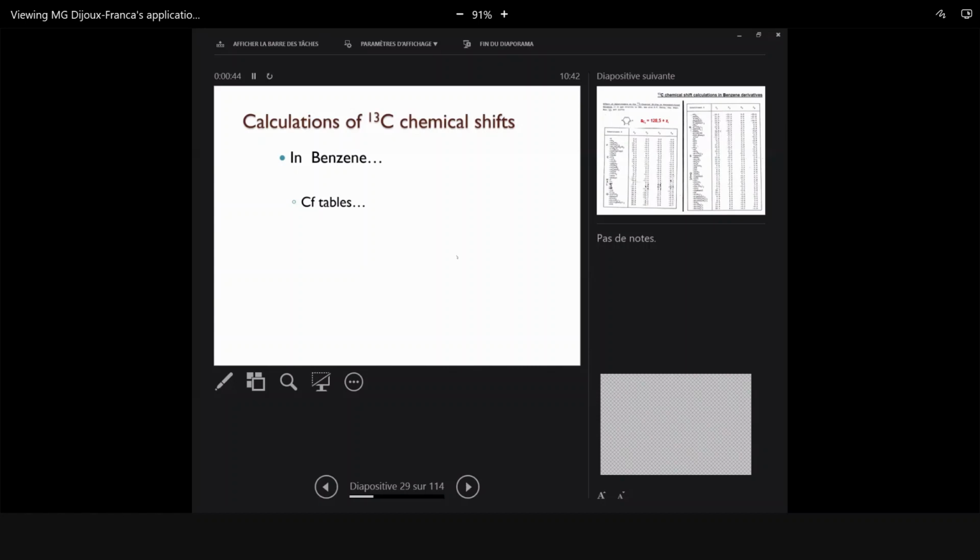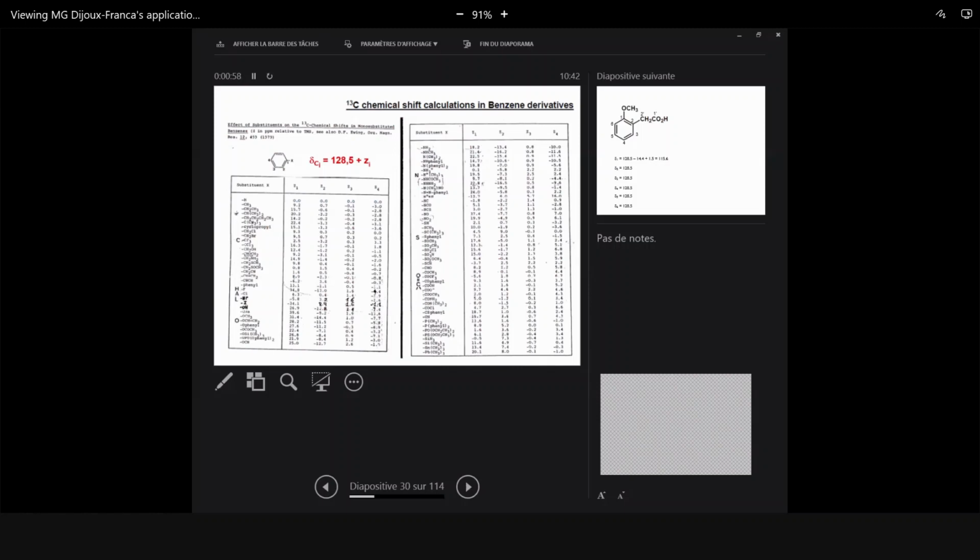So what we use, we start from the theoretical value for the carbon in the benzene, and then with the table, the theoretical value for the carbon of an aromatic ring without any substituent is defined as 128.5 ppm. This has been calculated by some scientists.